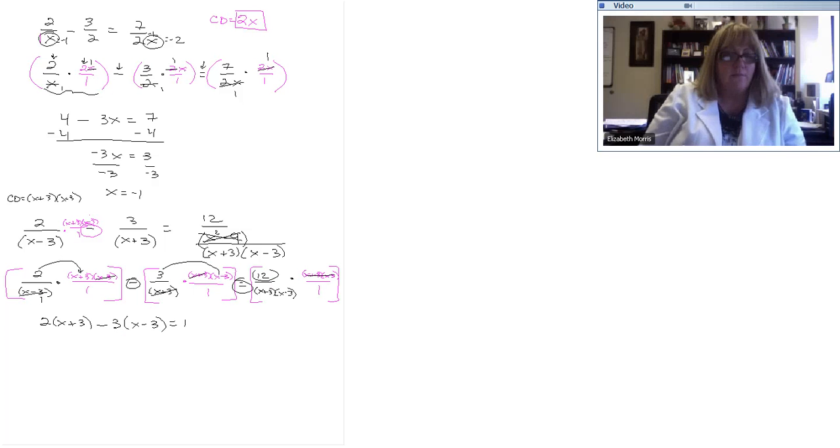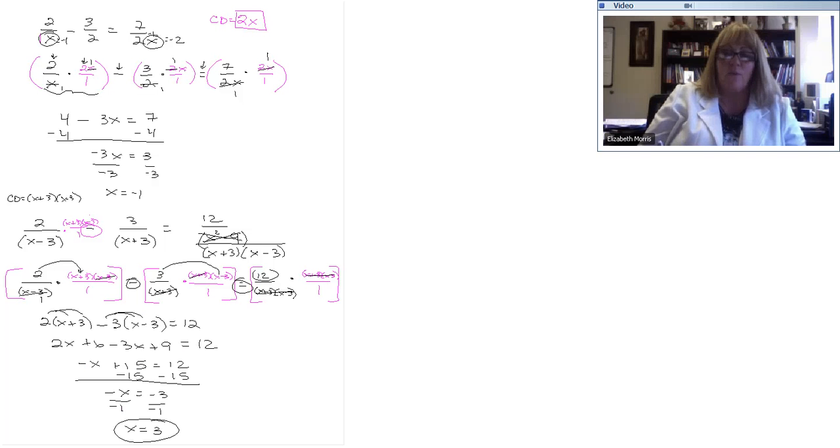All right, distribute: 2x plus 6, negative 3x plus 9. Combine like terms, move the 15 over, you get negative x equals negative 3. Divide by negative 1, and you get x is 3.